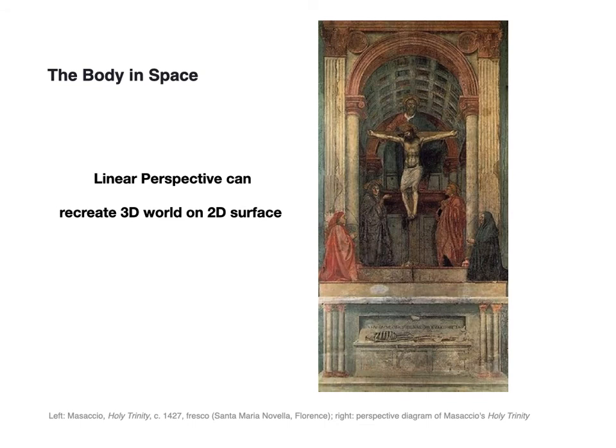This work of art is by the painter Masaccio, and he developed the use of single point perspective. And we can see here a very carefully, mathematically worked out grid in the barrel arch above the crucified Christ.